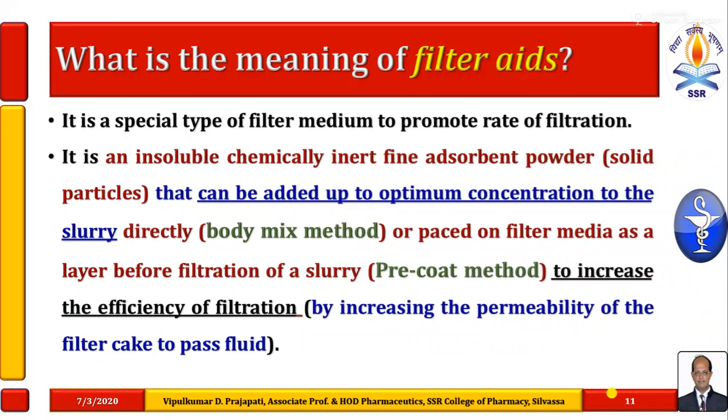How is it defined? It is an insoluble, chemically inert, fine, absorbent powder, solid particles that can be added up to optimum concentration to the slurry directly, that is body mix method, or placed on filter media as a layer before filtration of actual slurry, that is known as pre-coat technique, to increase the efficiency of filtration, means by increasing the permeability of the filter cake to pass fluid.